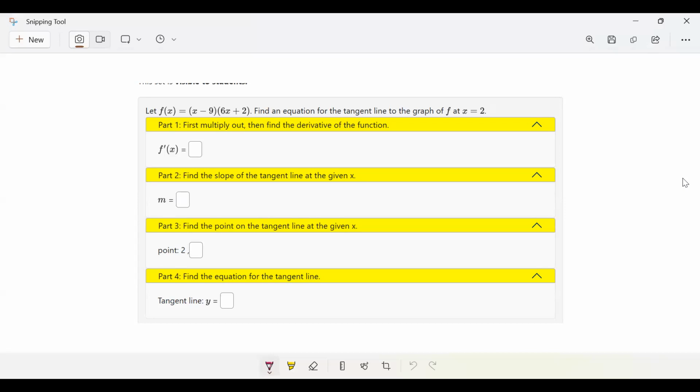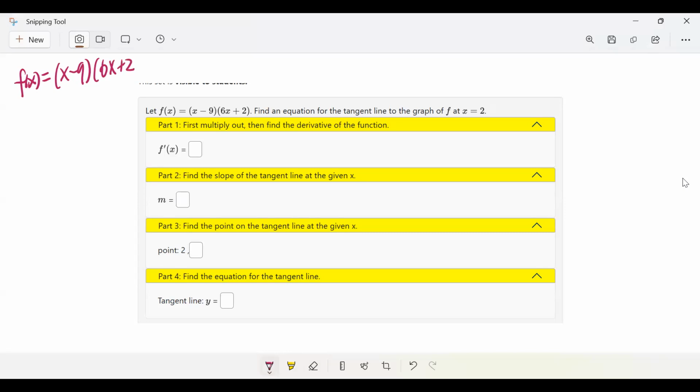So again, I'm going to keep the options available, whatever you guys want to do. So first of all, I will expand the function here, pretending we haven't learned the product rule yet. We will FOIL this, simplify everything, and find the derivative from there.